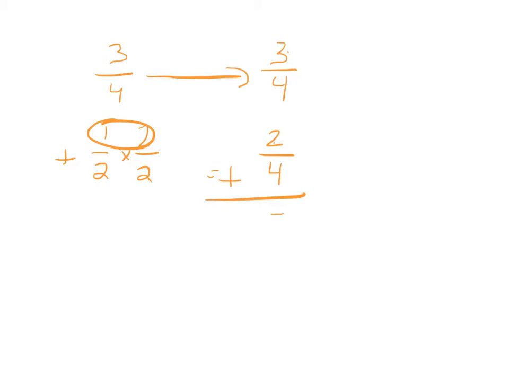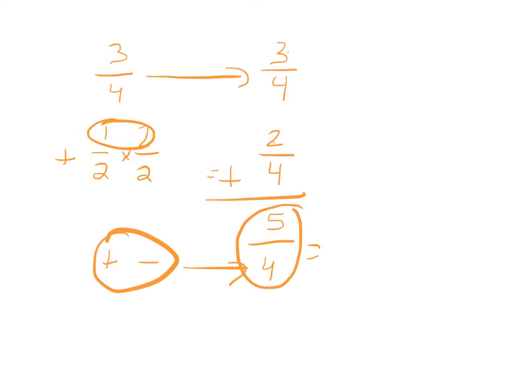3 plus 2 is 5. The denominator in an addition or a subtraction problem will always remain the same. It won't change. So now, on your papers, some of you are going to forget, and you're going to leave that. But we want to have the expectation that we always change it to a mixed number.